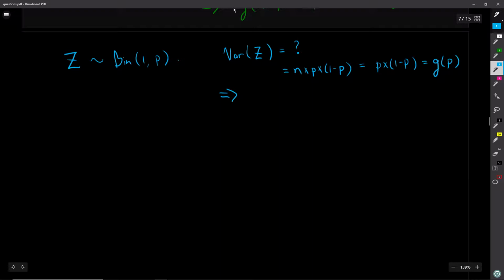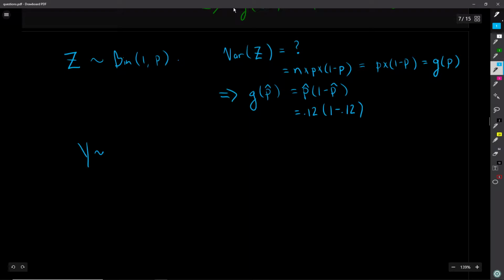And so the MLE is going to be g of p hat, which in this case is p hat times 1 minus p hat, or in other words, 0.12 times 1 minus 0.12. Okay, and what about y?